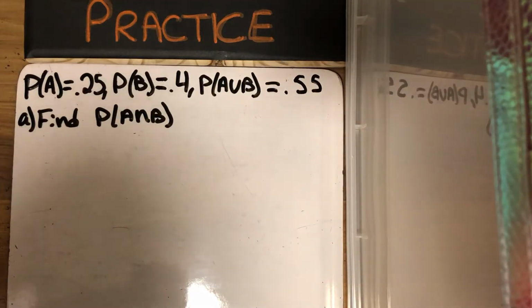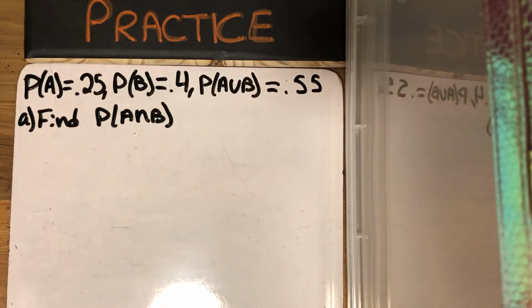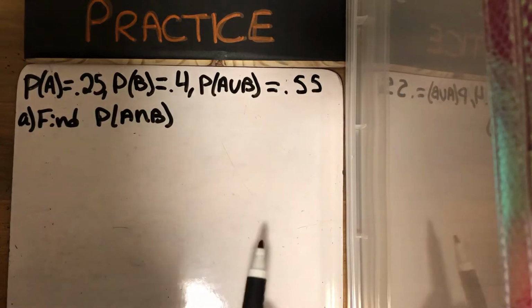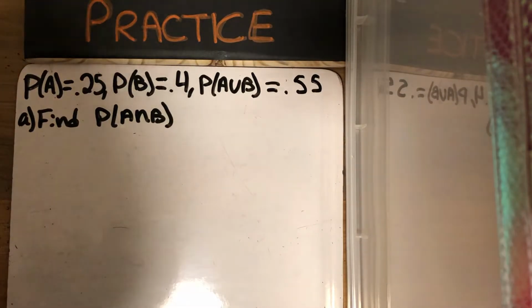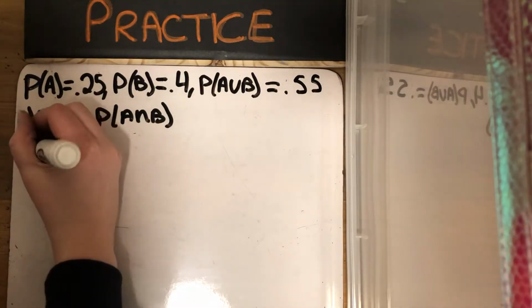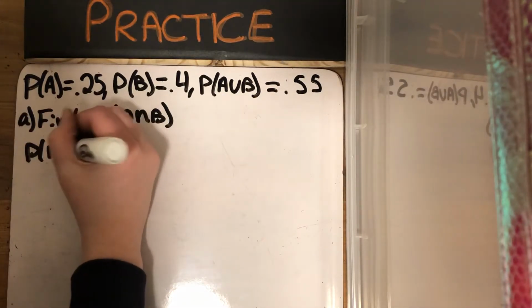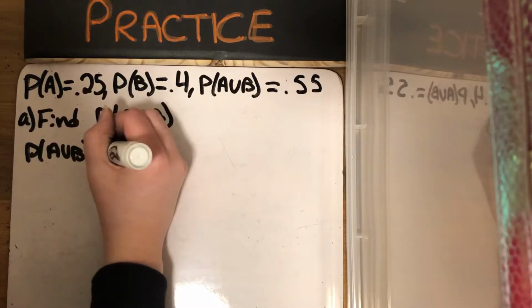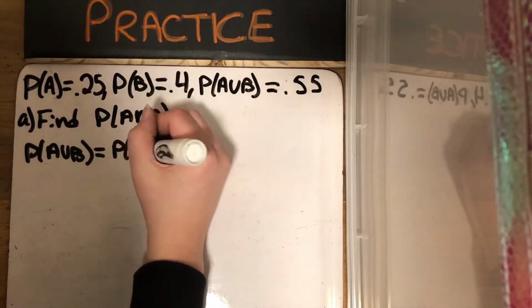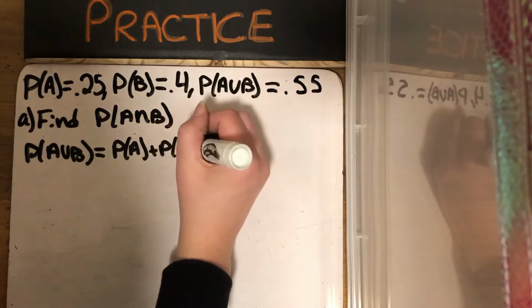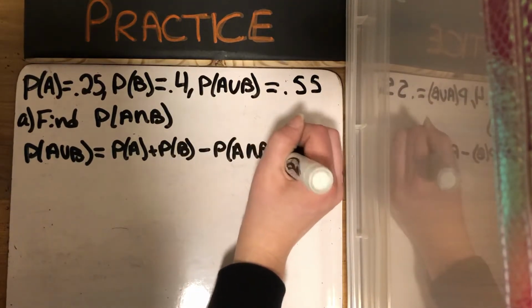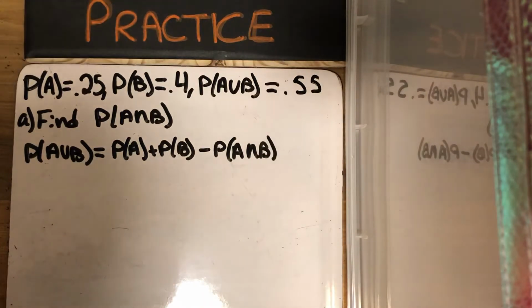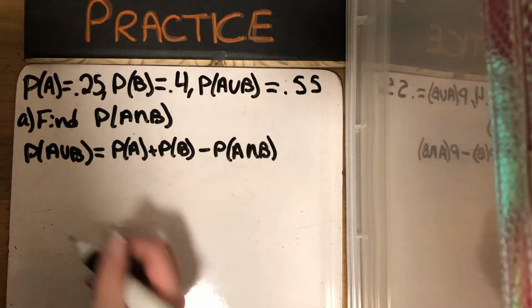Okay, so now that you've taken some time to solve the different parts of this problem, I'll show you the answers. Part A is to find the intersection of A and B, and to do that, we use this equation right here, and we can plug in the information we know.